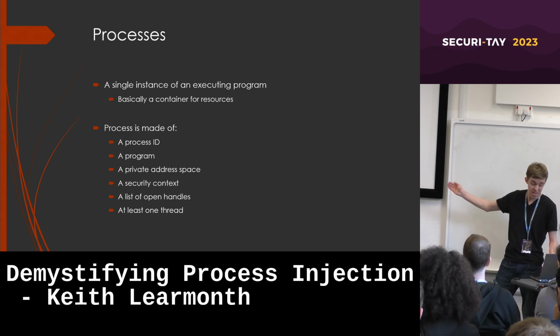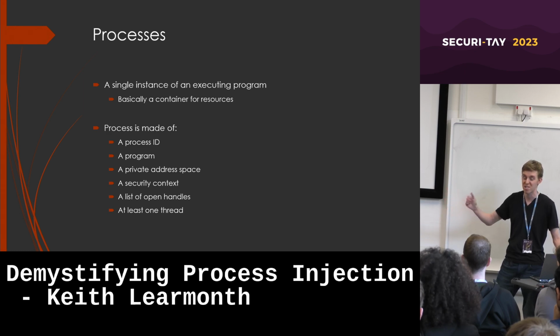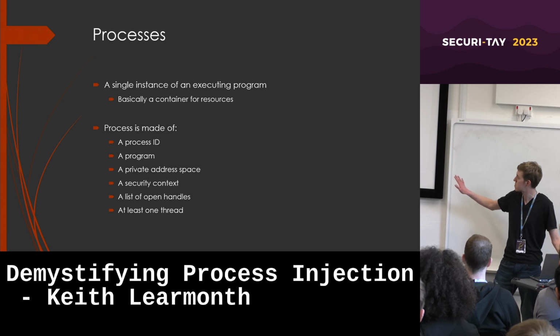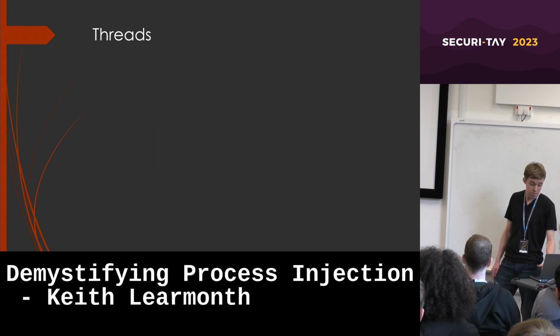There's a security context, which is an access token that explains the user running it, the privileges they have, security groups, or whether they've set the UAC so they're running as admin, that sort of stuff. There's a list of open handles, which are flags showing which resources the process is using. They're an entire talk of themselves, so they're not important for this talk. And at least one thread. Threads are the important thing here.